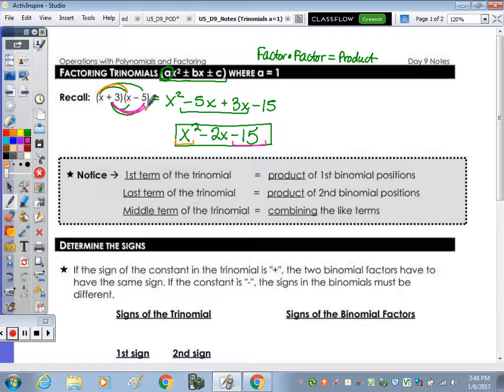And then the middle term, the 2x, comes from combining the like terms in the middle, which is the outside and inside, or what I like to call your little smile, big smile.